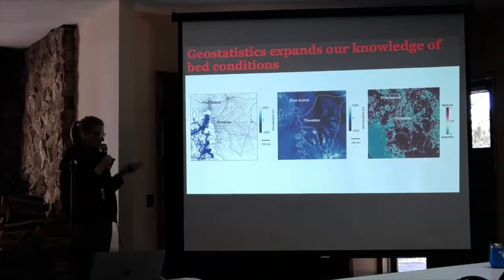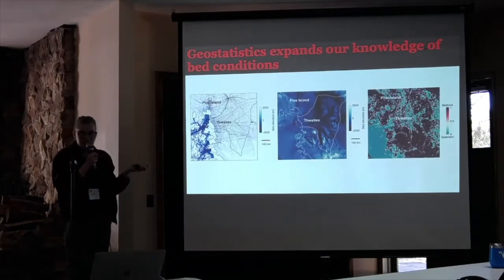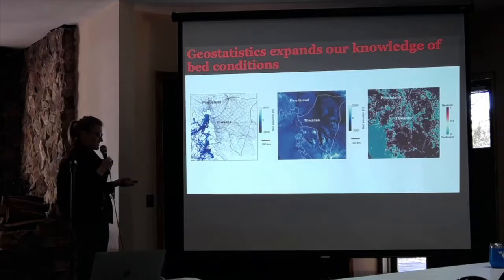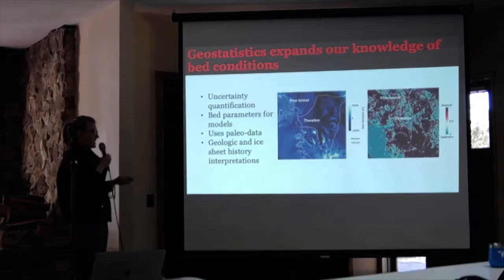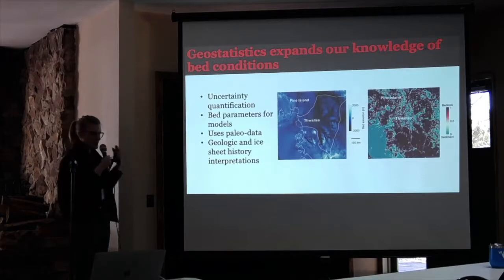So in summary, we have gone from sparsely sampled bed topography measurements to a continuous bed topography map that we can use to get a geological map. And this has implications for uncertainty quantification. We can generate multiple realizations of this and use them in ice sheet models.